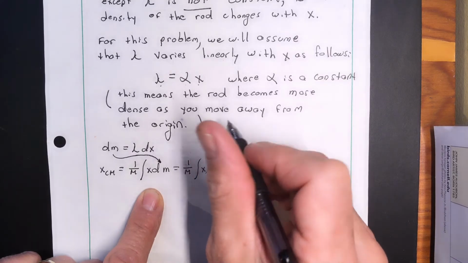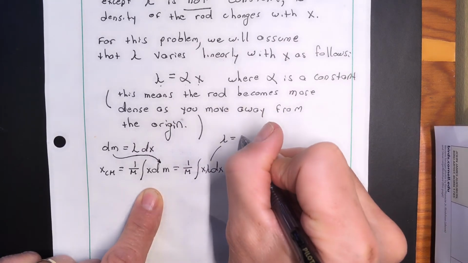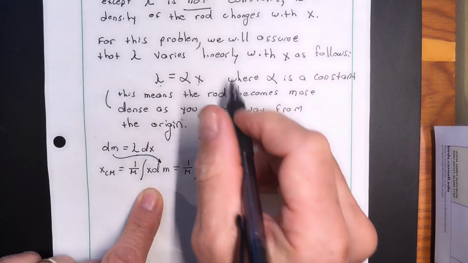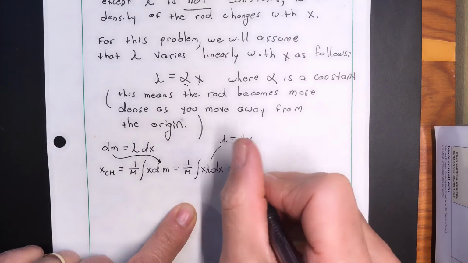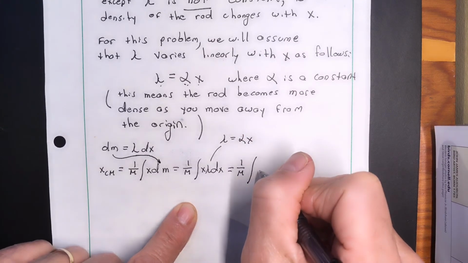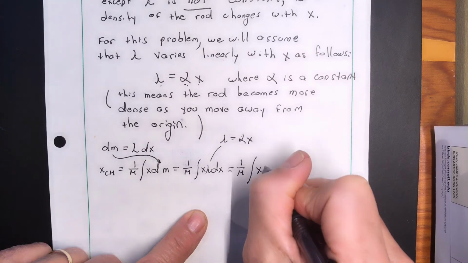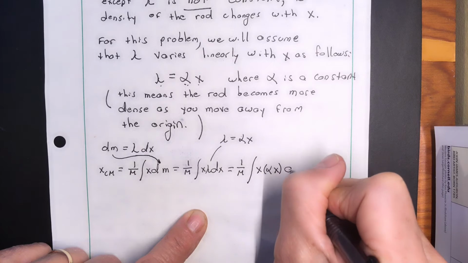Okay, but now we know also that lambda equals alpha x, from up here. So let's put that in. So that's 1 over m, the integral of x alpha x dx.